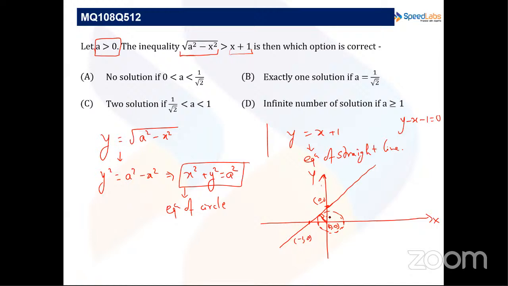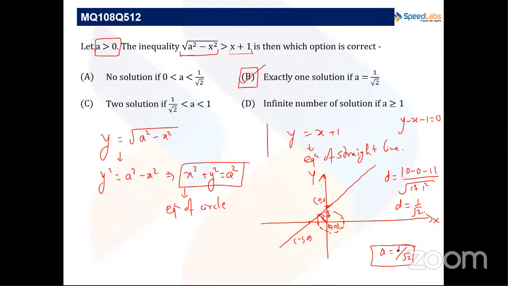So the perpendicular distance d will be mod of 0 minus 0 plus 1 upon under the root 1 square plus 1 square. So d will be equal to 1 by root 2. So if a equals 1 by root 2, the radius will be 1 by root 2, then it will touch it. So there will be only one solution.